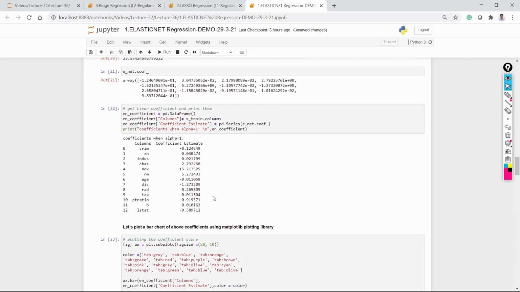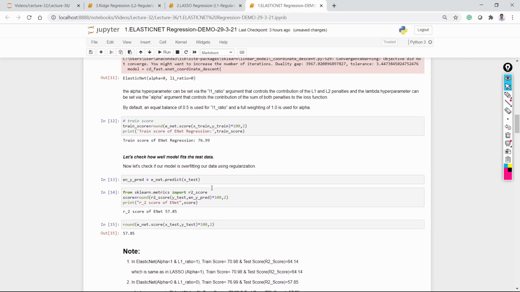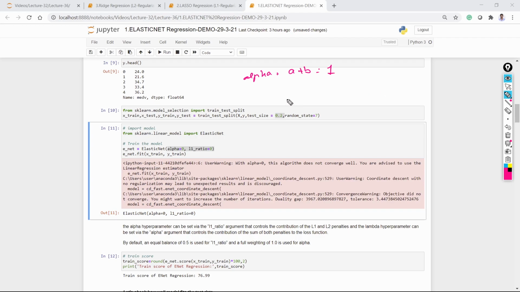So in this elastic net, in the previous lecture I explained clearly what is meant by the alpha value and what is meant by the L1 ratio. So alpha is equal to a plus b, which is equal to 1, and L1 ratio is equal to 1 when a is equal to 1 and b is equal to 0.